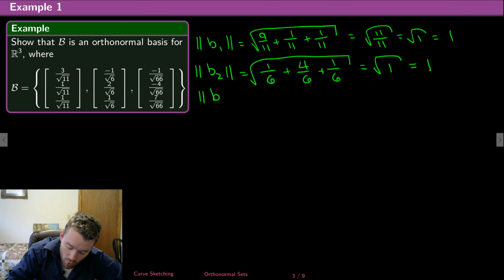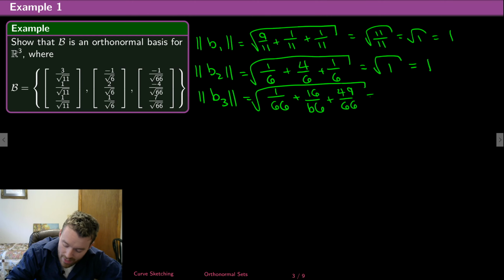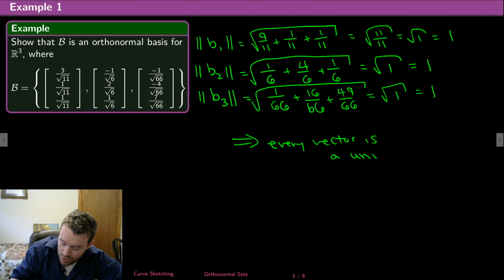Finally, the norm of B3 is equal to 1 over 66 plus 16 over 66 plus 49 over 66. The square root of that is the square root of 1, which is equal to 1. And so that implies that this set is normal. Every vector is a unit vector. So that's the first step in checking whether or not this thing is orthonormal.